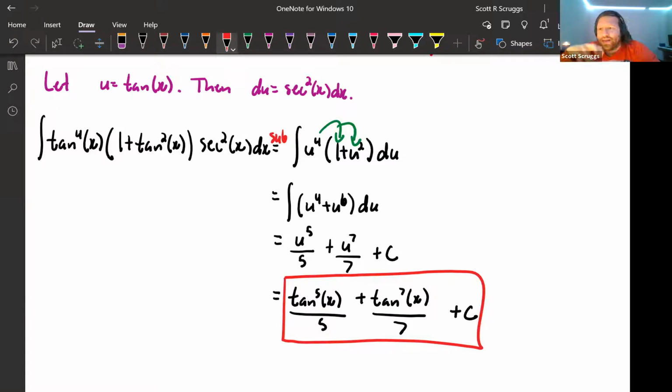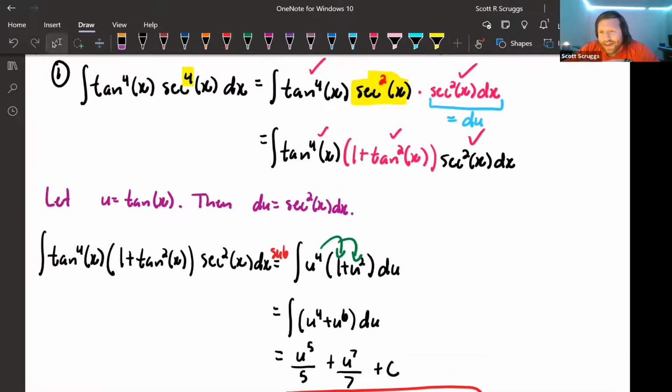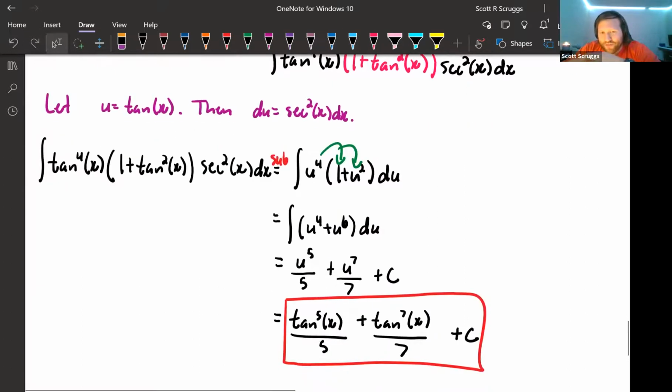Rewrite the remaining secant squared portion by using my Pythagorean identity of 1 plus tangent squared equals secant squared. Do a u substitution, work it out to completion after that. Any questions about that particular example of that particular case?